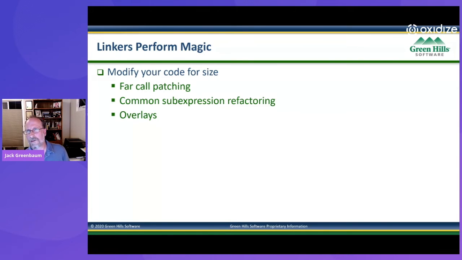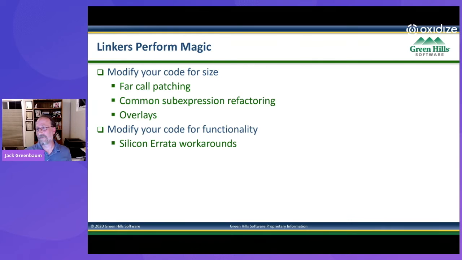For example, linkers will modify your code to reduce size, things like vtable patching, common sub-expression refactoring in the binary code to reduce code size. And then we've got overlays that'll take parts of your code, chop it up, put it into separate binaries. So, these are pretty deep features.